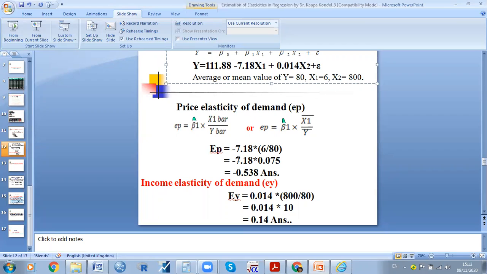So 7.18 into 6 by 80 gives 0.075. Multiplying 7.18 by 0.075 gives 0.538, a negative value because the coefficient is negative. Similarly, 0.014 into the average of x2, 800, divided by the average of y, 80, gives 10. Then 0.014 into 10 gives 0.14. This is how we can estimate the elasticities.